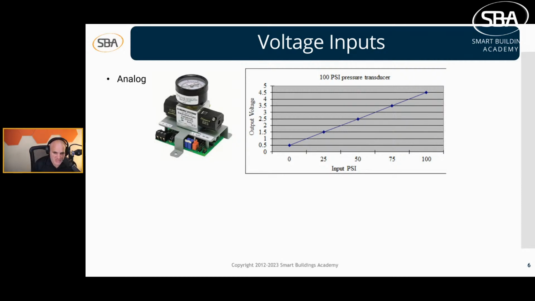Maybe you're using it with steam, maybe you're in a corrosive environment where you don't want an electromechanical actuator. And I realize you don't know what actuators are yet. If you're a brand new technician, don't worry, we'll get to that in the HVAC components. But what you would do is take a 0 to 10 volt signal. Usually it would come in right here, and that 0 to 10 volt signal would then be converted, transduced, to a pneumatic signal.